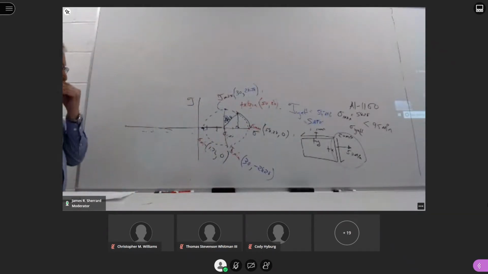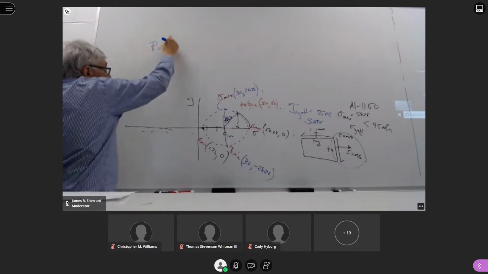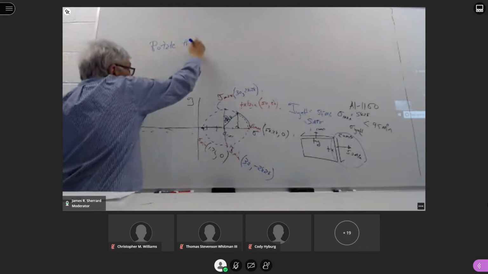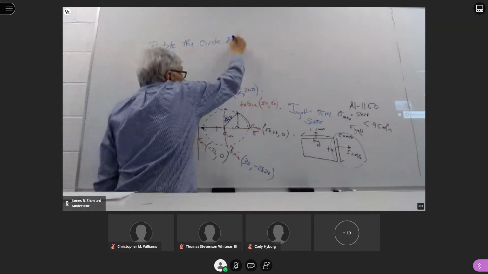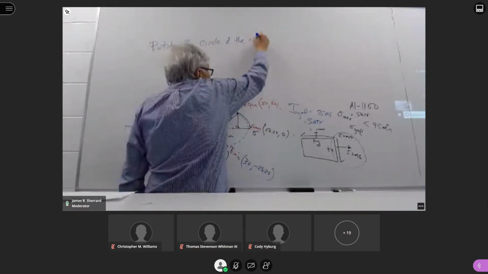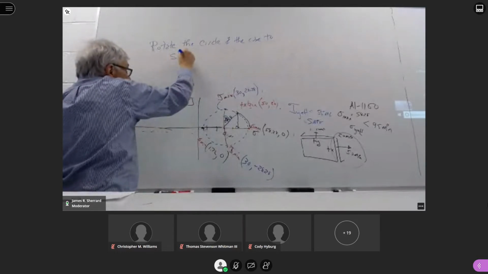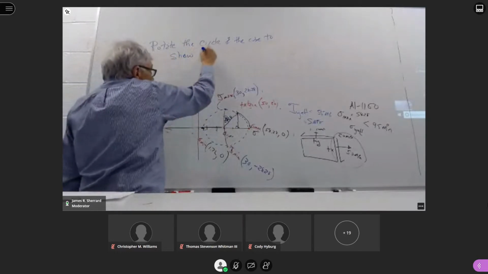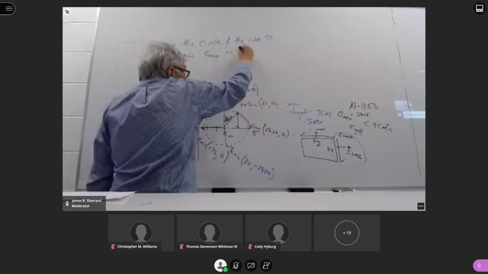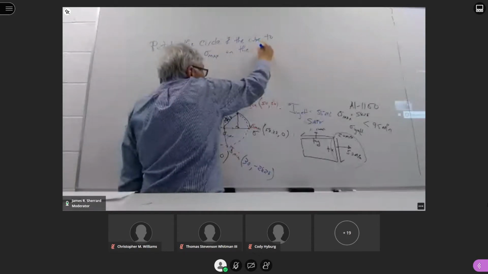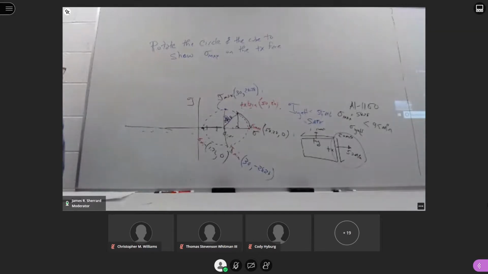And the next question I might ask you is to rotate the circle and the cube to show sigma max on the plus X face. Okay.